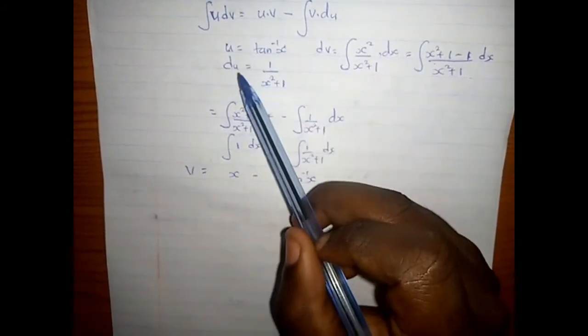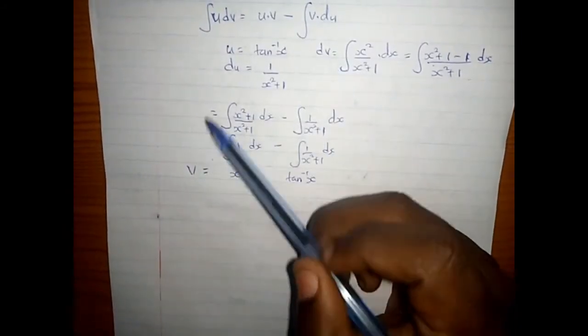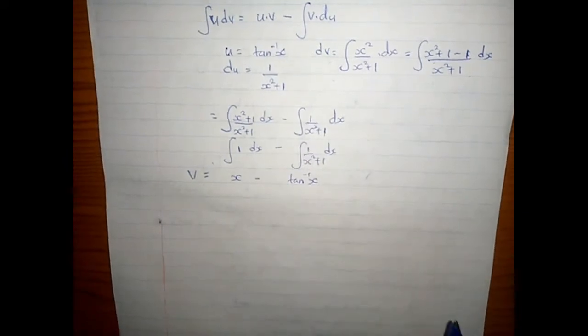So I have my u, my du, my dv, and my v. So we are going to put them in this formula called the integrating factor.